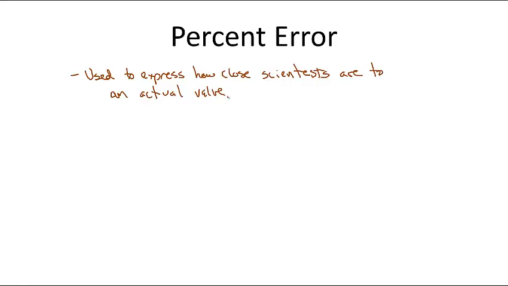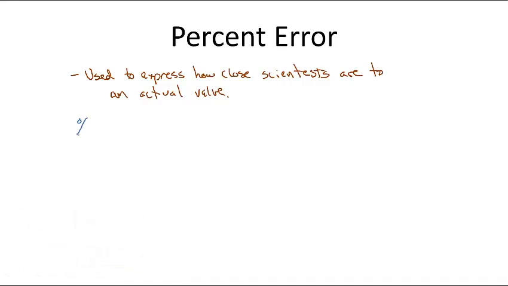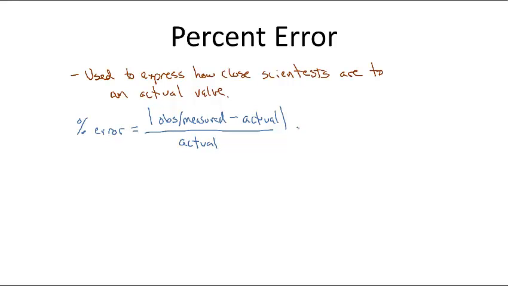So percent error equals the absolute value of the observed or measured minus the actual, that's it, over the actual, times 100%. We do the absolute value because we don't want negative percent errors. It just allows us to see relatively how far off we are from the expected value.